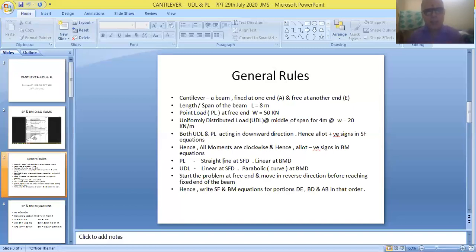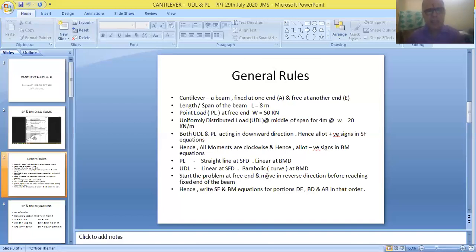And friends, both the loads are acting in downward direction, so positive signs must be allotted while preparing shear force equations. Whether it is a point load or a uniformly distributed load, a positive sign must be allotted for any load acting in downward direction.